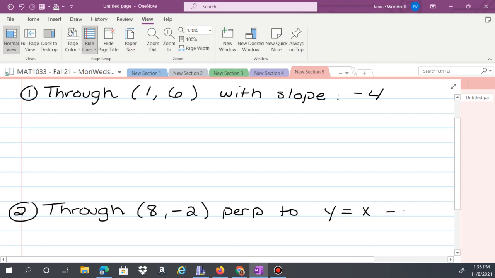Get the final answer in just y equals mx plus b. Okay, so work on these two for about 5 minutes, and then we'll go over them.